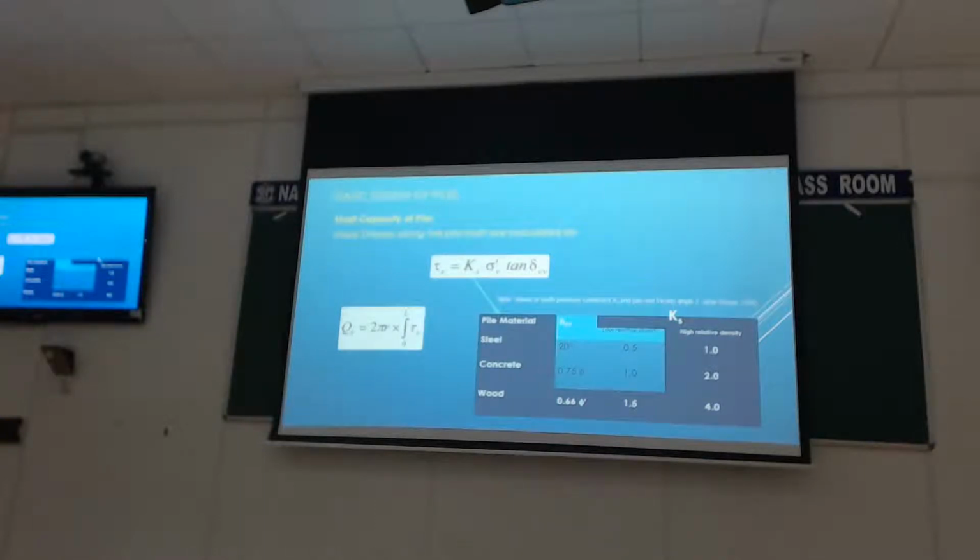Concrete, people use 0.75 of phi dash on the understanding that it's not so much the interface friction that governs it. If you have a concrete pile, you expect the surface to be like that, jagged, and the sand, or the soil, will go in there, and that's my pile.